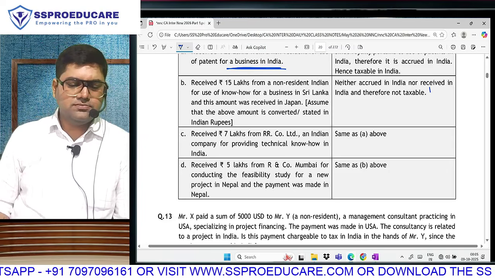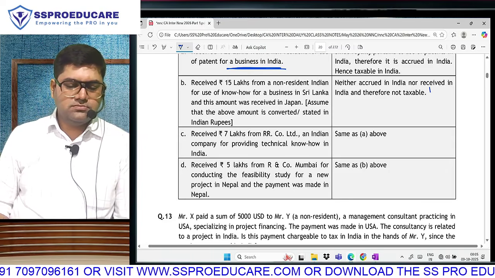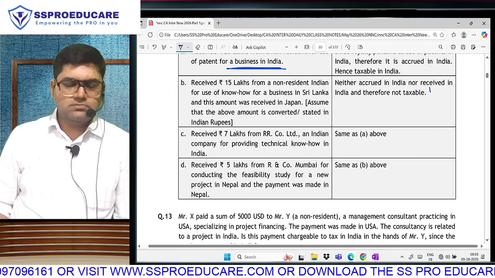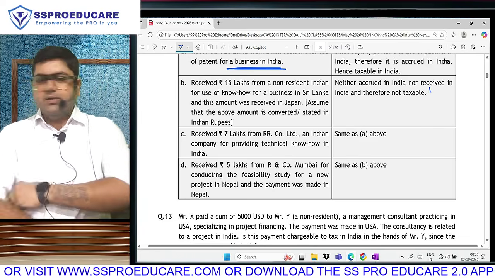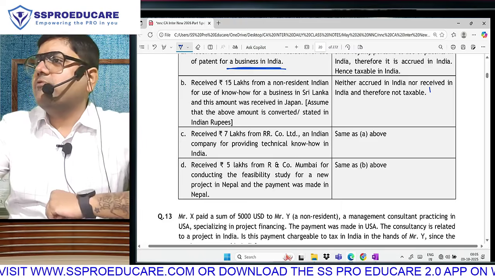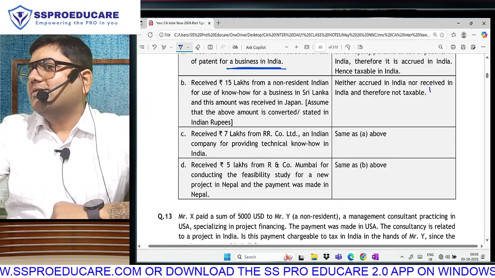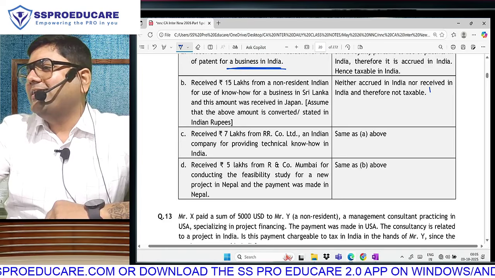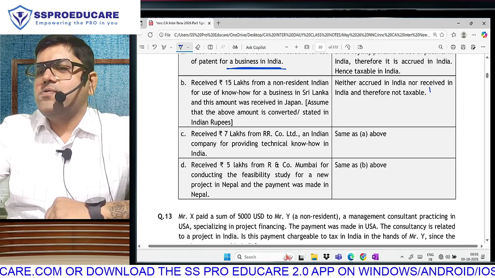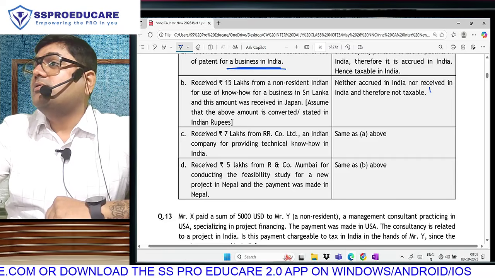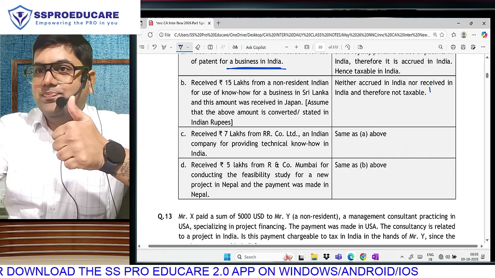And fourth, received rupees 5 lakhs from our company, Mumbai, for conducting the feasibility study for a project in Nepal, and the payment was made in Nepal. Payer is resident. Indian income or foreign income? Payment outside India.